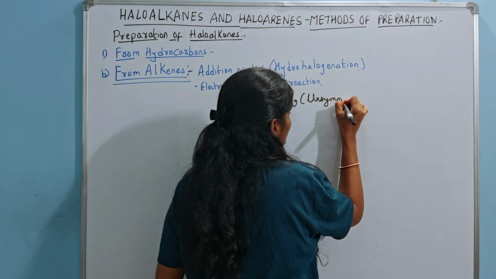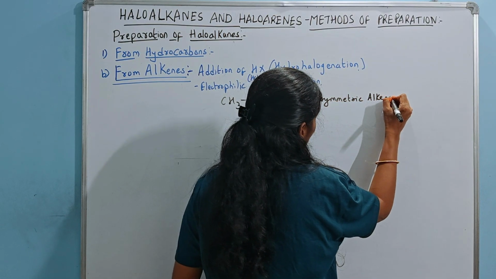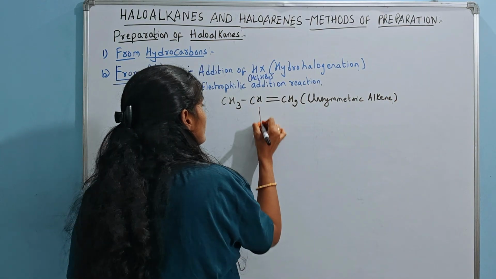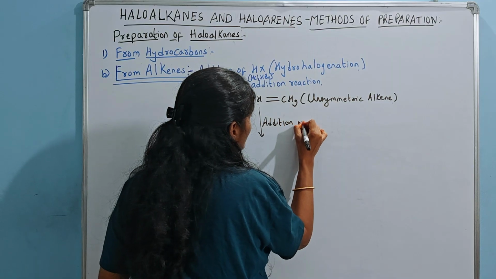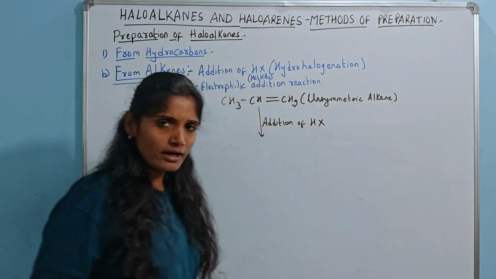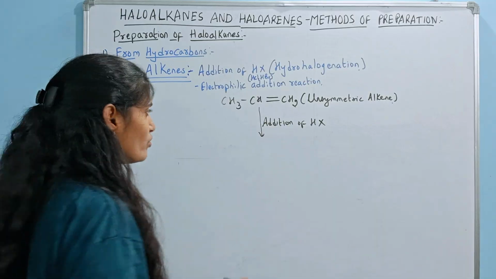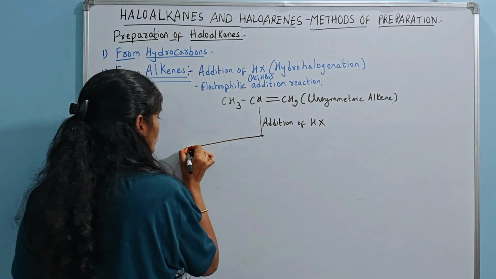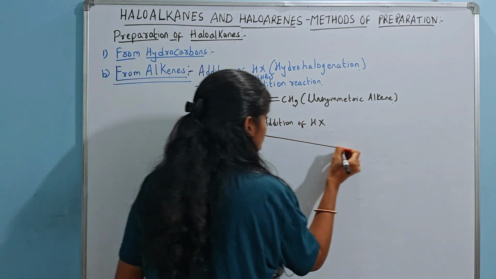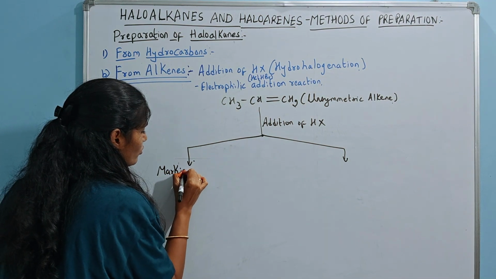It is not symmetrical. To this unsymmetric alkene, I have to do the addition of hydrogen halides, and I usually do it using two rules. The one rule is Markovnikov rule.